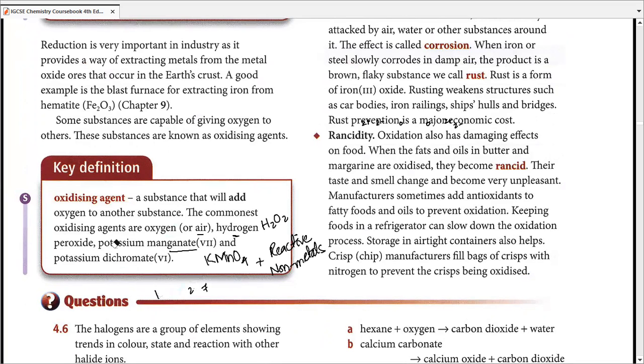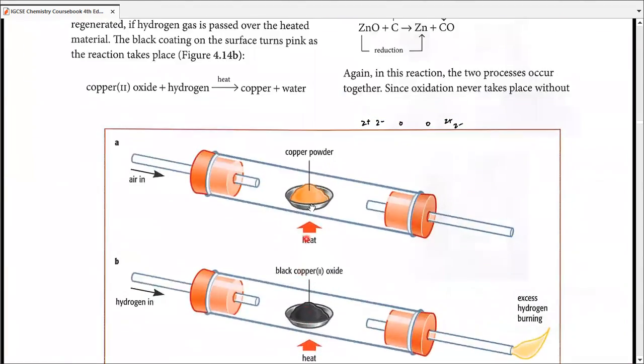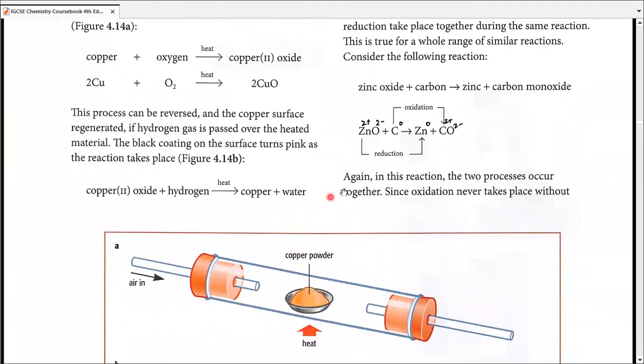So in order to relate this to the example we were just doing, I'm going to go back to the example on the previous page and relate it to that. And then you're going to find that this concept is pretty easy to understand. Now, you clearly know that carbon is going through oxidation and zinc is going through reduction in this reaction. Let me tell you, the one going through reduction is actually the oxidizing agent, right?